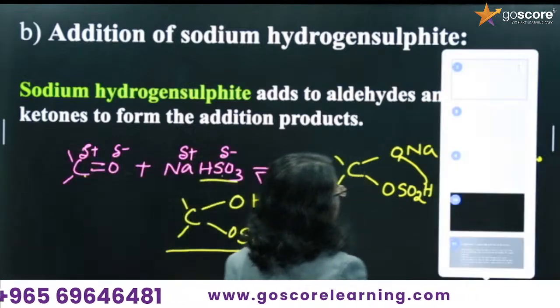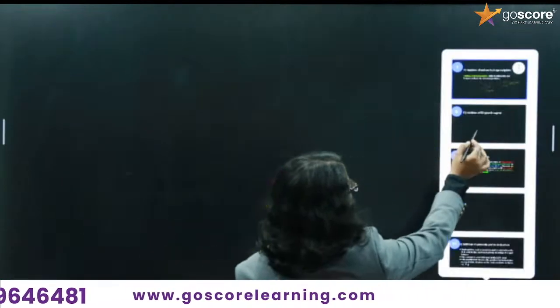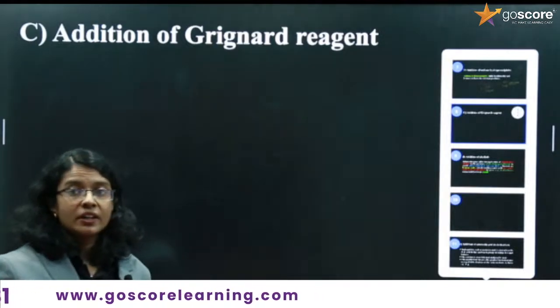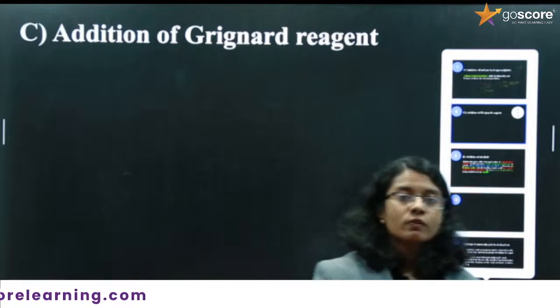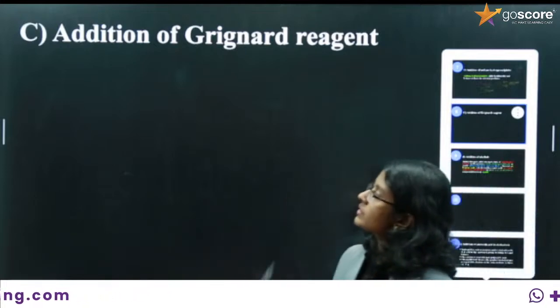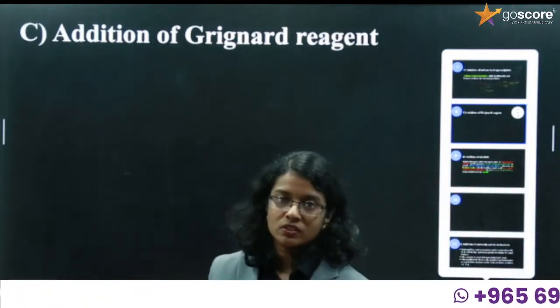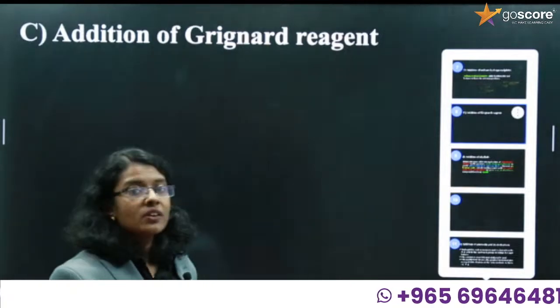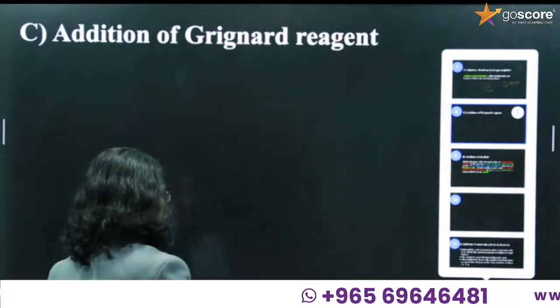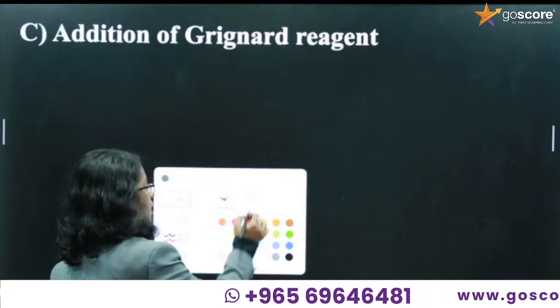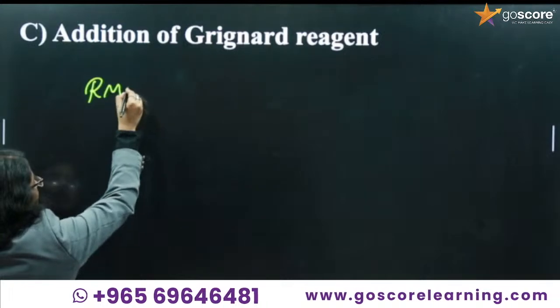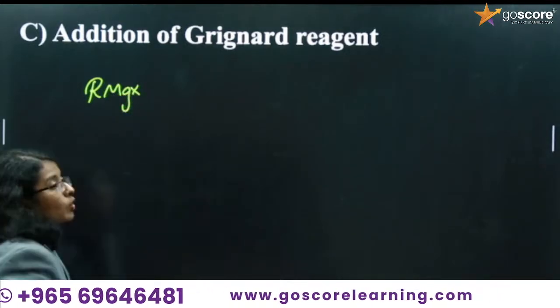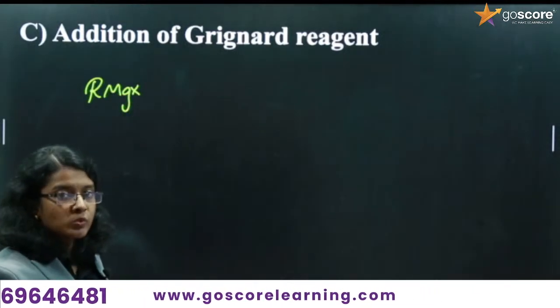Okay. The next one is addition of Grignard reagent. Then tell me what is the formula of Grignard reagent? We already discussed Grignard reagent. The formula of Grignard reagent is RMgX.